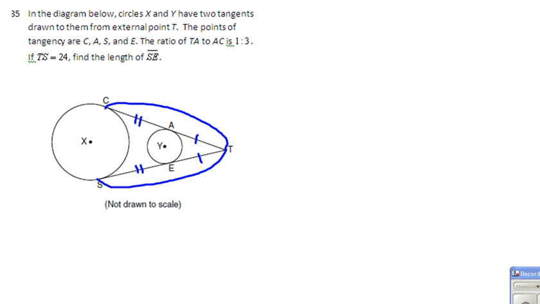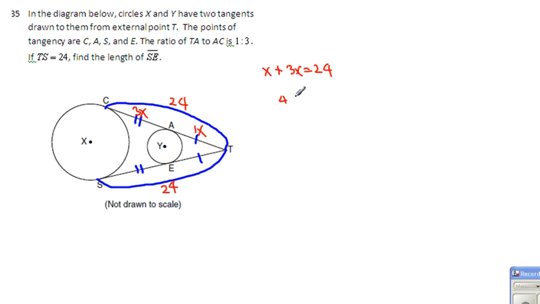Now, what the question says here, we have TA to AC is 1 to 3. That means this is 1x, and this is 3x, while TS, whole thing here, is equal to 24. If this is 24, then this is also equal to 24. The equation we can set up is x plus 3x is equal to 24.